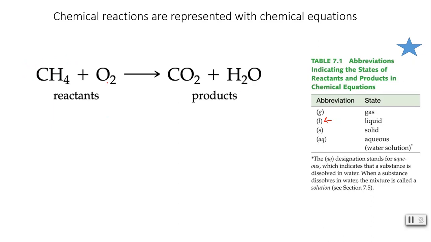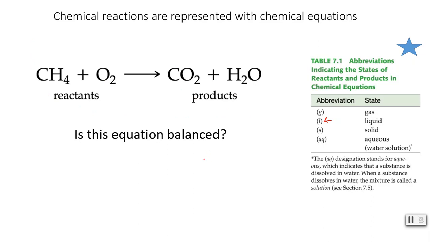This one doesn't list states, that's okay, because what we're going to use this chemical equation for is to illustrate the next important feature of a chemical reaction, which is that chemical reactions must be balanced. So when looking at this chemical reaction, if I was to ask you, is this equation balanced?